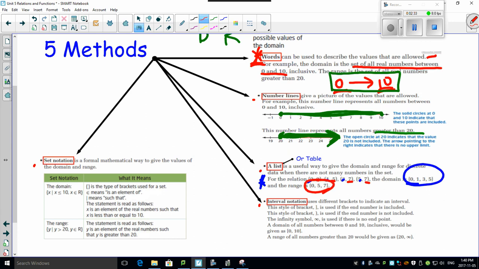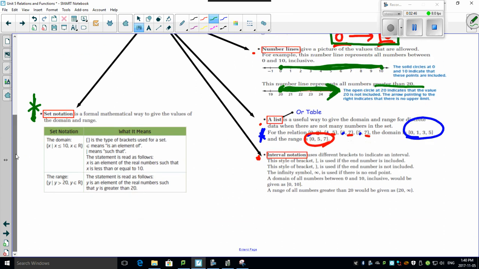Okay, I'm going to skip over interval notation for a second, and I'm just going to go to our favorite, which is set notation. This is probably the most common one out of them all. Let's talk about, for example, the same thing we've been talking about here, all the numbers between 0 and 10 inclusive. How would you do this in terms of set notation?